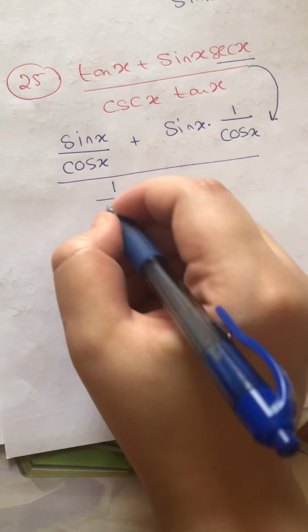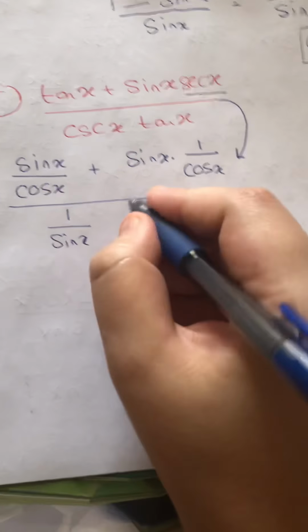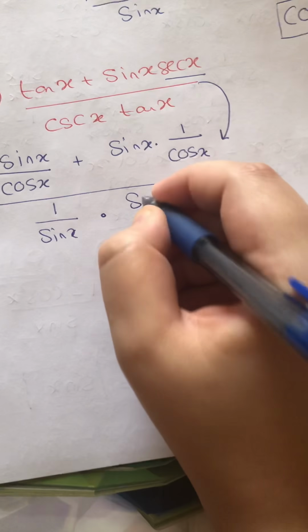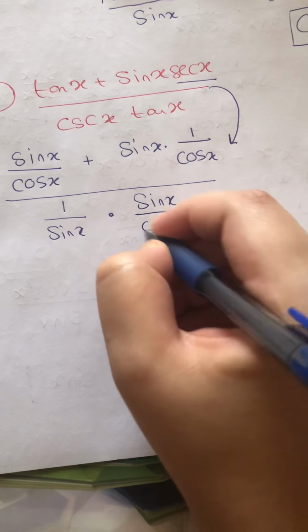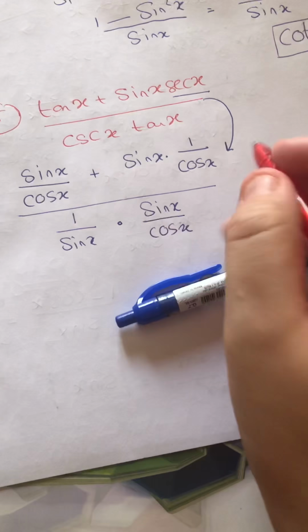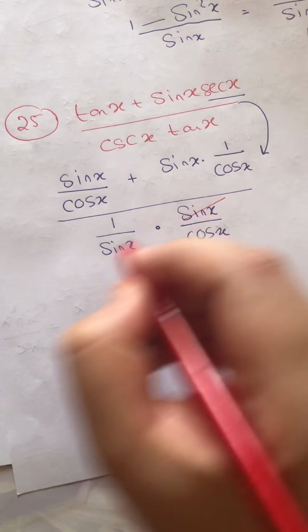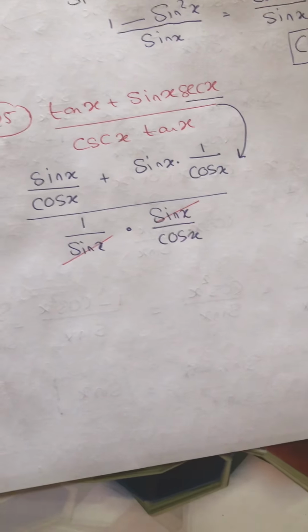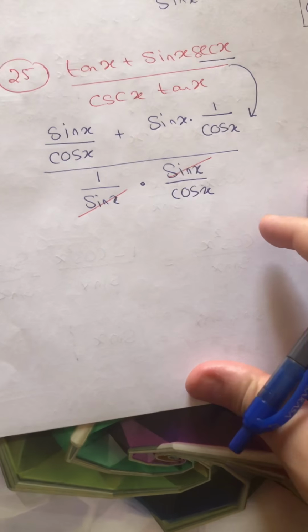This is sec x all over. So sec x is 1 over cosine x. Sorry for the camera. Times tan x is sine x over cosine x. Let me see, maybe I can start simplifying. Over here, because it's a multiplication, I can cancel this with this. Right?